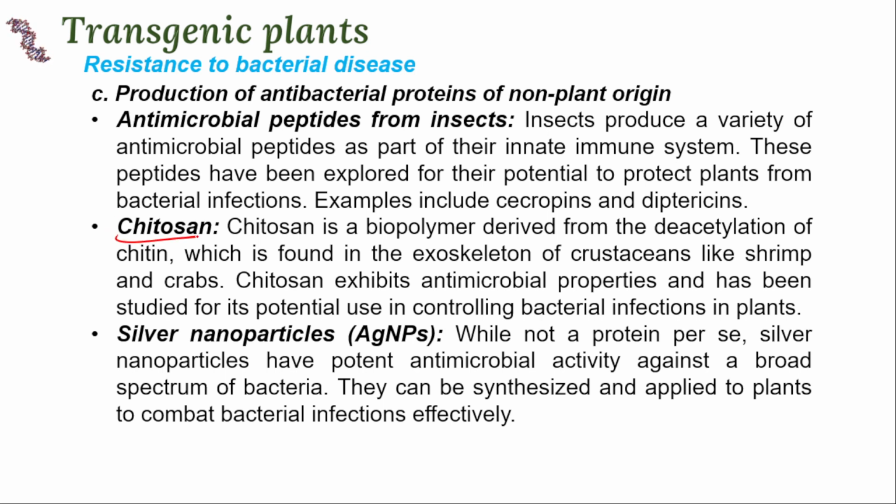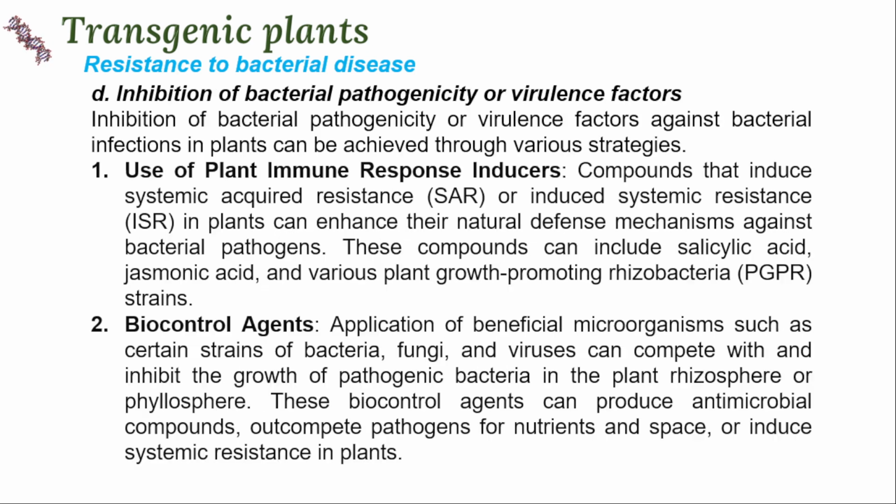This chitosan has antibacterial activity, and when this chitosan gene is inserted in plants, the plant will produce chitosan that will defend against bacterial infection in plants. Even silver nanoparticles, at higher concentration, also have antibacterial activity. We can insert that in the plant, and definitely the plant will defend against the pathogenicity of the bacteria.